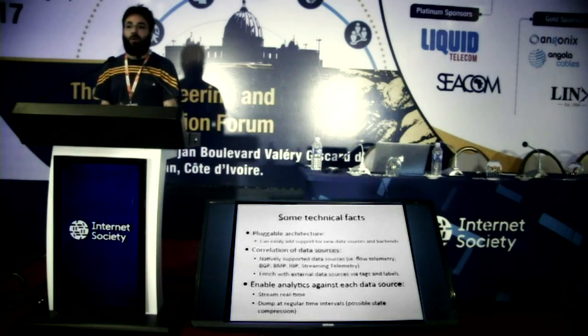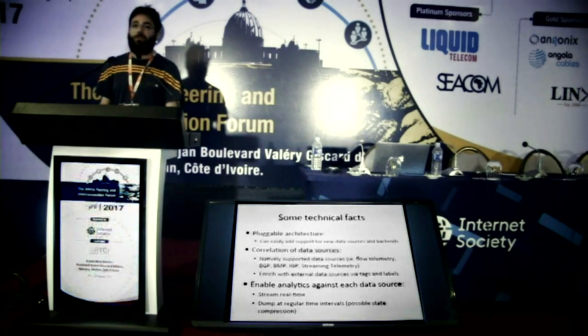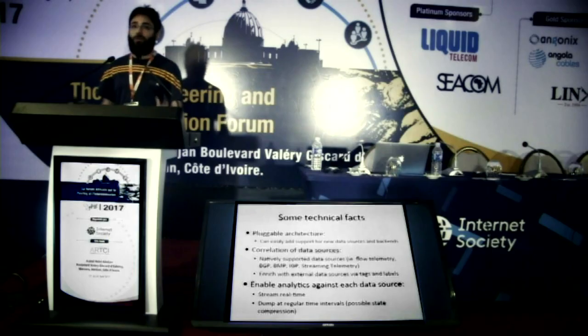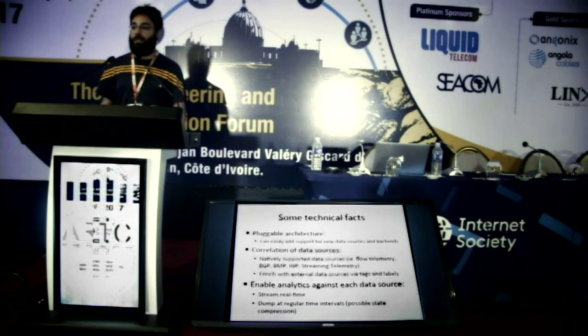For example, you can see that it's because a route that was there in the morning was withdrawn during the night by one of your transit providers, and that is why traffic shifted from transit A to transit B, for example, right? So different use cases for dumping at regular time intervals and streaming real-time.